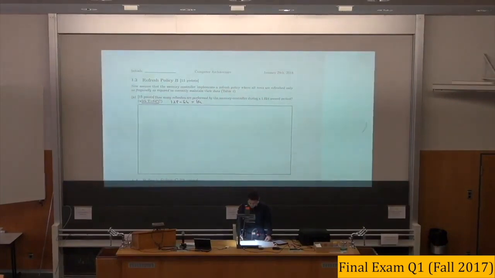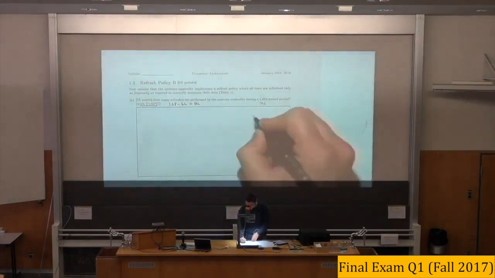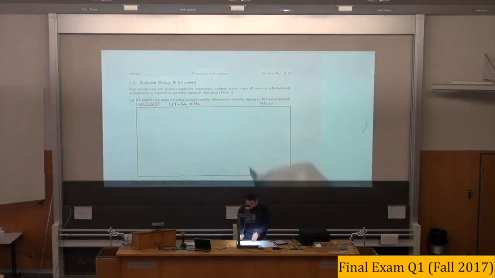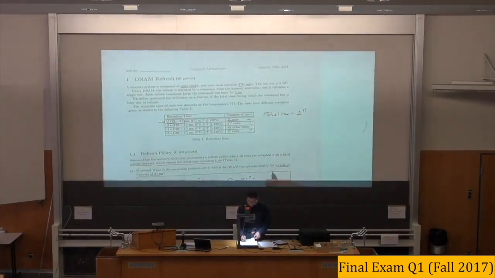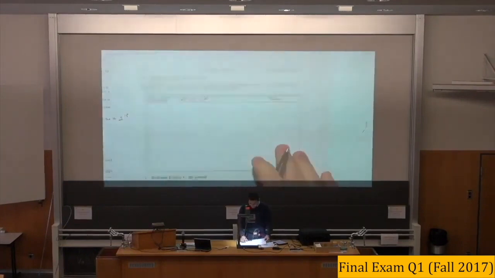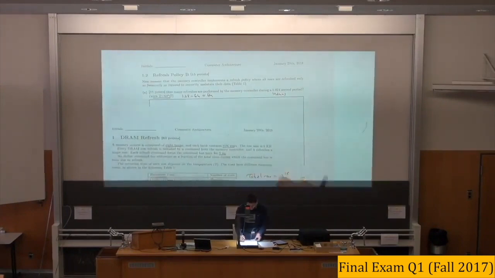So the question asks how many refreshes are performed by the memory controller during a 1024 milliseconds period. So basically we need to find the number of refreshes for each of them. So let's find out. Let's make sure that this table is also visible.